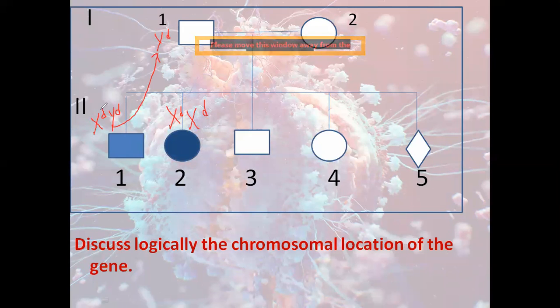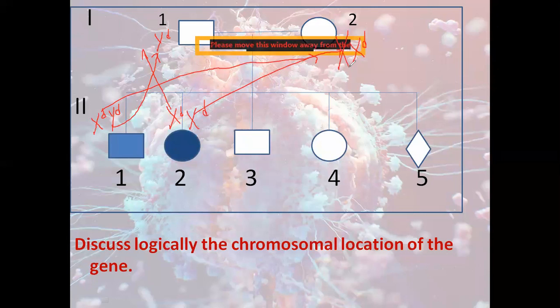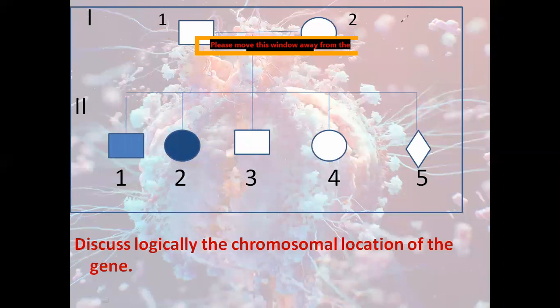So this is the YD, and XD from the mother. And this daughter should inherit XD from the father and XD from the mother. So here it will be XD XD, and the father should be XD YD. And here both of them should be affected, but they are not. So it's not the case. So here the disease is said to be autosomal.